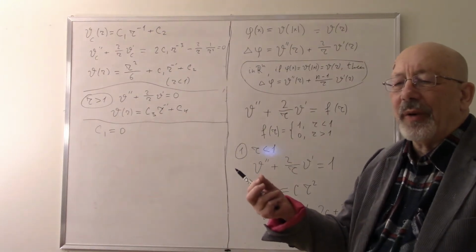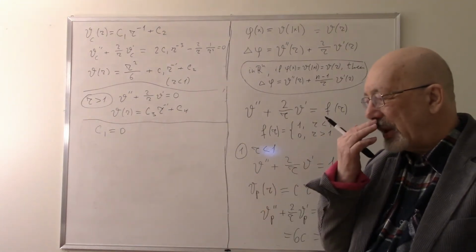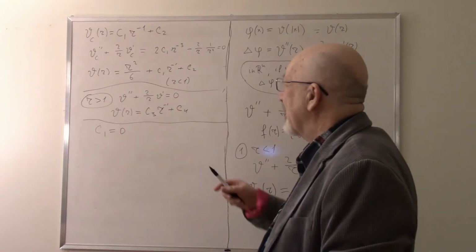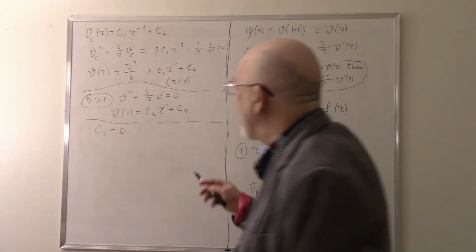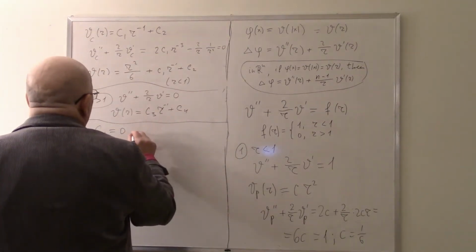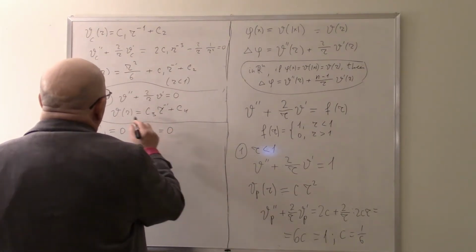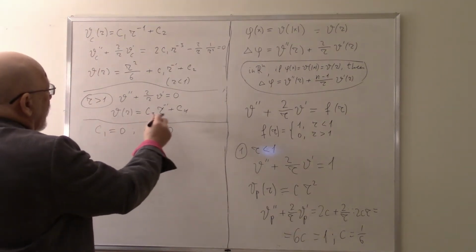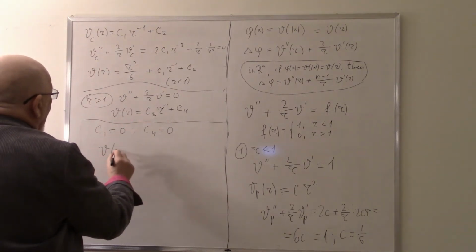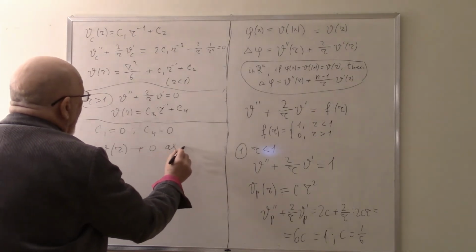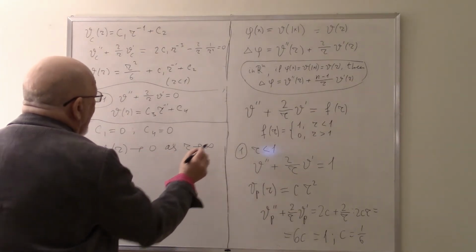So the value of phi itself has no physical meaning. So we can choose this constant, and let us choose it like this. C4 equals 0. So this means that V of r goes to 0 as r goes to infinity.